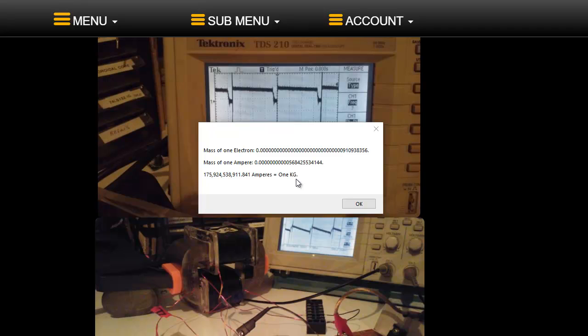So we have a problem. The amperes that are measured on the terminals of the wire are effectively the mass inside the wire that has a magnetic field and a charge, that is being moved.